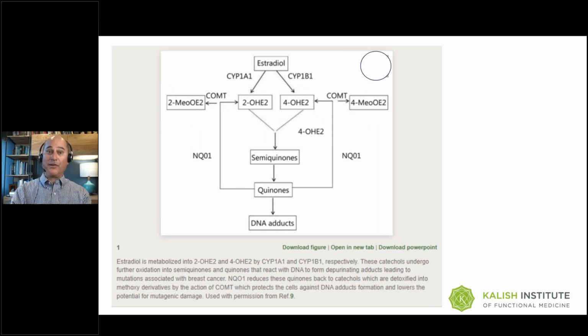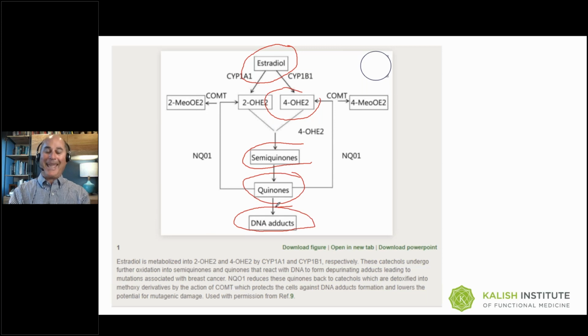And we're measuring all of this. So you're measuring the effect or the function of these enzymes. And if you want to do the more advanced testing, you can measure whether there's a genetic component to it or not. And then the thing you extra don't want to have happen is for estrogen to break down to the 4 and for the 4 to go down to these quinones and then start to form DNA adducts.